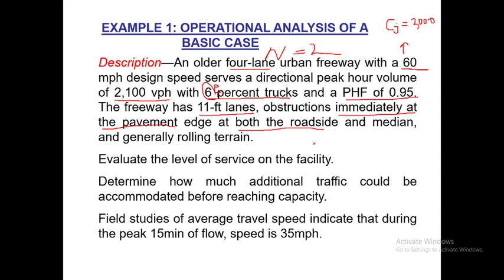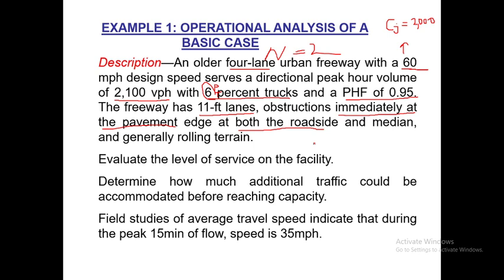Evaluate the level of service on the facility and determine how much additional traffic could be accommodated before reaching capacity. All right, so let's do it one by one. What was the first step? I just mentioned that the first step is to convert whatever volume they gave you to SF.